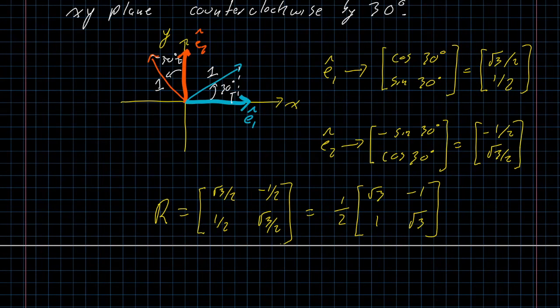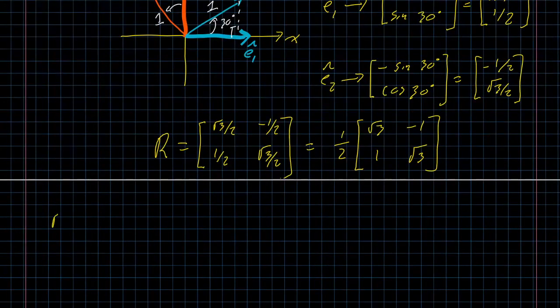Right. So if I had a vector going off in some other direction, if I wanted to rotate vector v with components, let's say 5, -7, counterclockwise by 30 degrees.